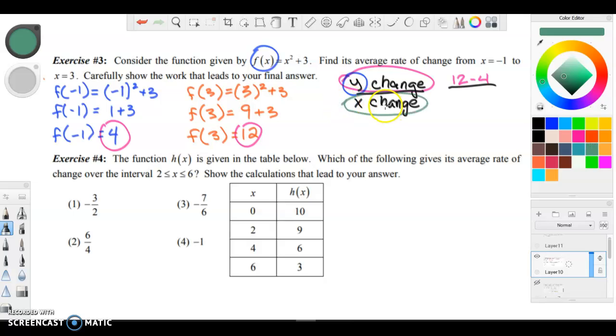X change, well, our x values were 3 and -1. So we have 3 minus -1 equals, I don't really have room for that here, so equals 12 minus 4 is 8. 3 minus a -1 is the same thing as 3 plus 1, so that's going to be over 4 for a grand total of 2.